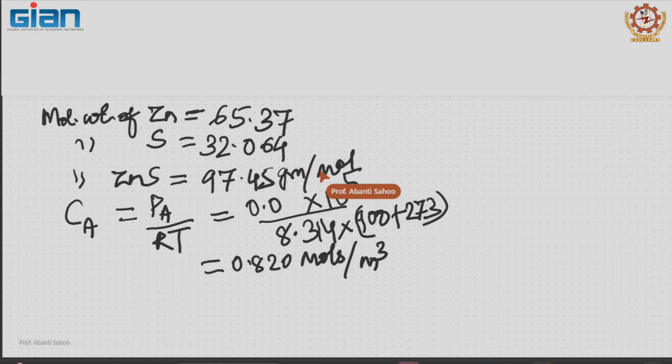Or we can express it in kg per mole, that is 0.09745 kg per mole.